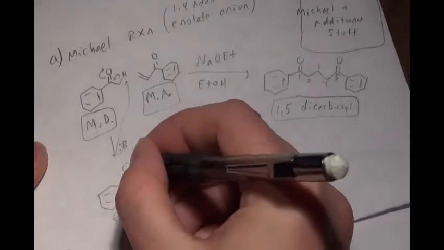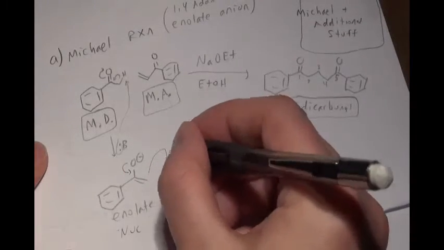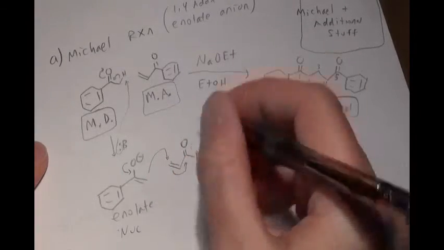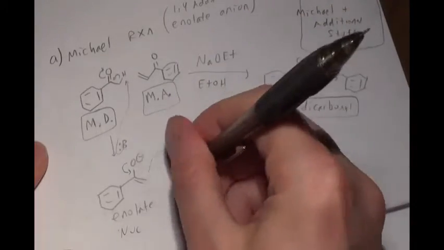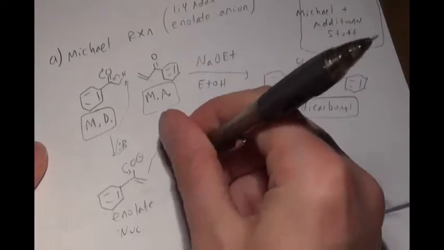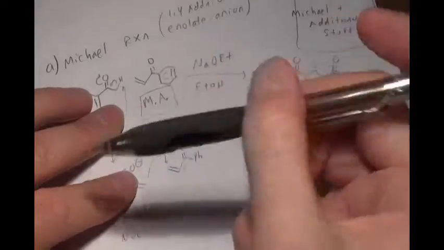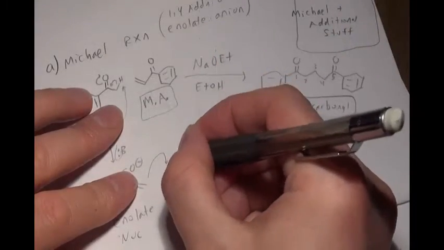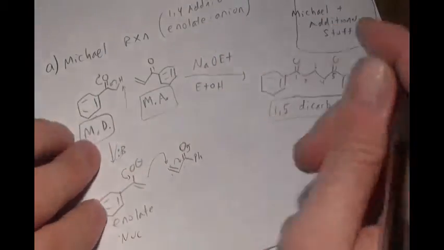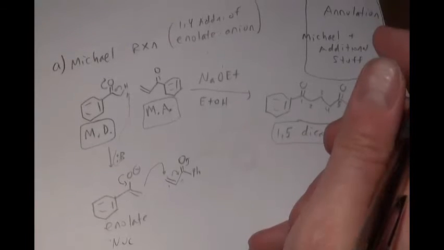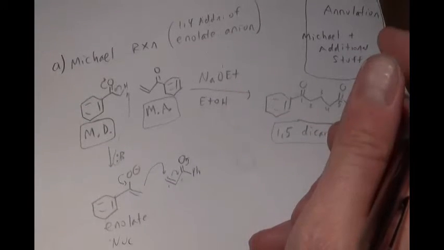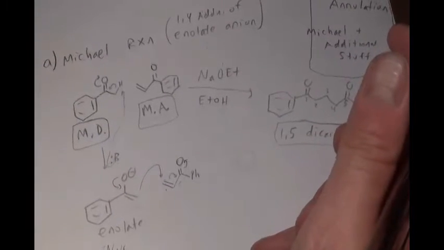So maybe I'm trying to draw an enolate. Let's draw the alkene there, ketone up top. Let's zoom in a bit so you can see that. Okay, see what we did?